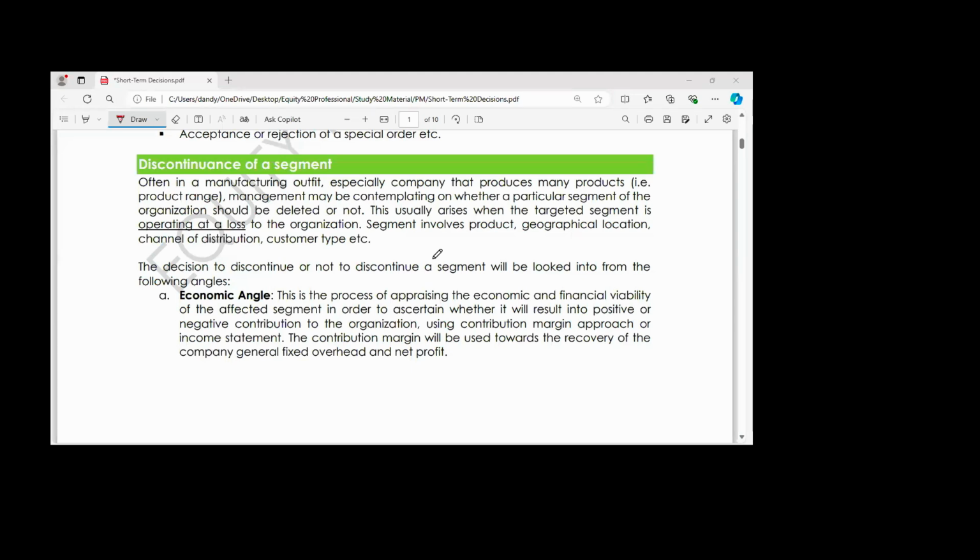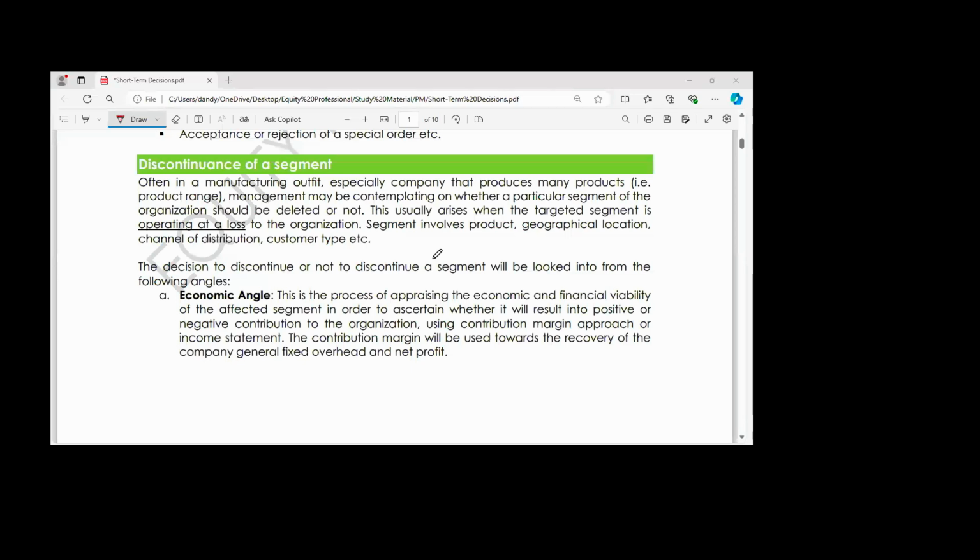Because the economic angle represents the process of determining the economic and financial viability of the decision that is to be made, whether it will generate contribution, profit or loss, savings or deficits for the organization.